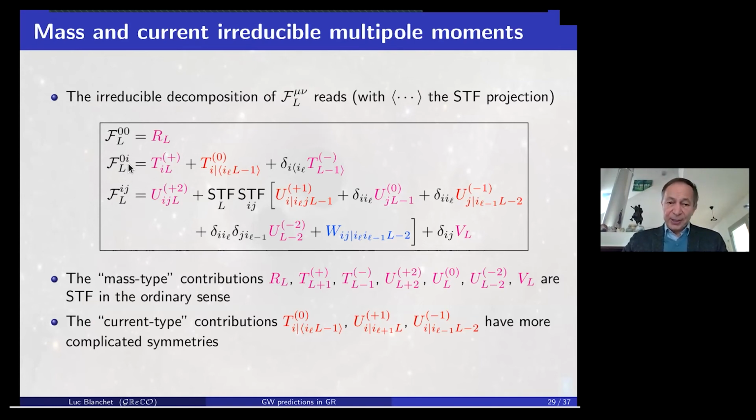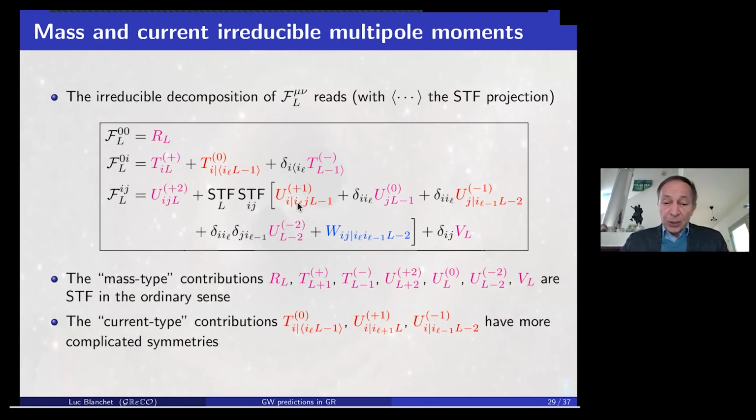But for the 0 i component, we find that there are 3 pieces that are irreducible STF tensors. 2 pieces are associated with mass multipole moments, but there is also another piece which is associated with current type multipole moments. And for the i j component of this object, this is more complicated.